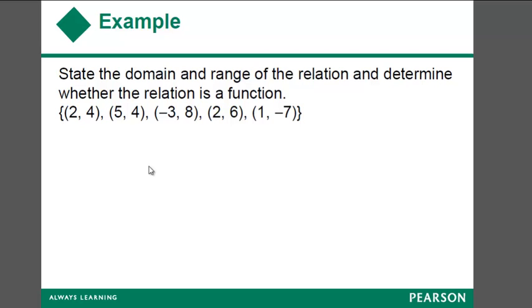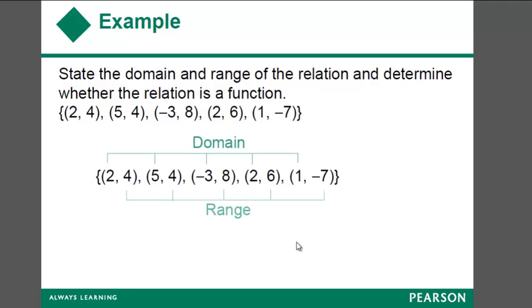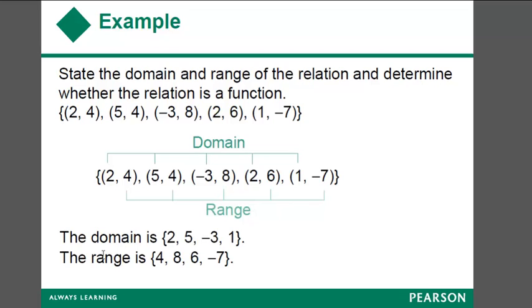And so our domain is 2, 5, -3, 2, 1. Our range is 4, 4, 8, 6, and -7, as I've shown here. Notice I didn't put down the 2 twice or the 4 twice wherever I put the sets down.